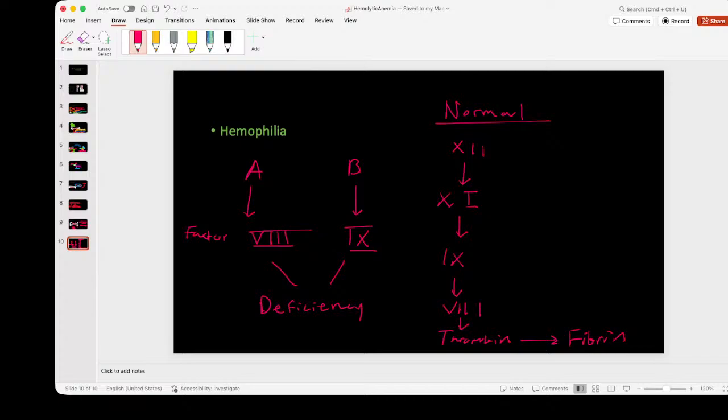But when there's a deficiency in factor 8 or 9, then clotting is not really happening. The patient would continuously bleed because there's no way to hold the tissues or the cells together to form that clot.